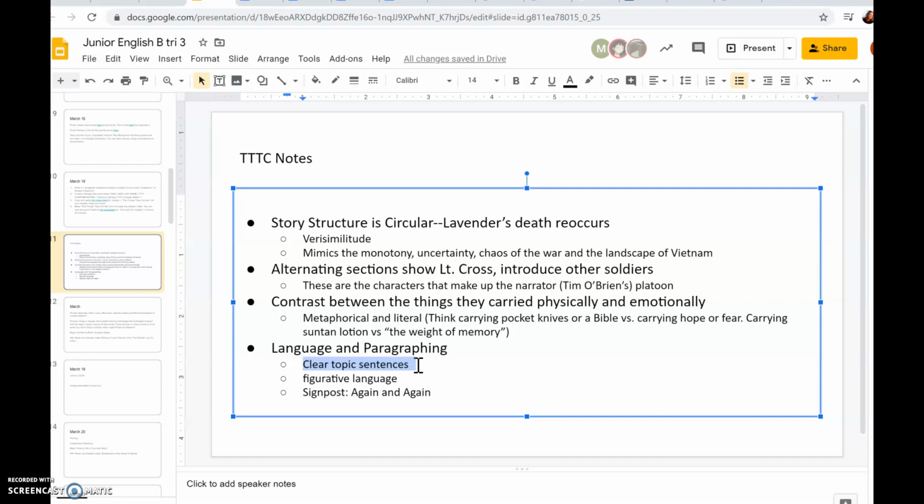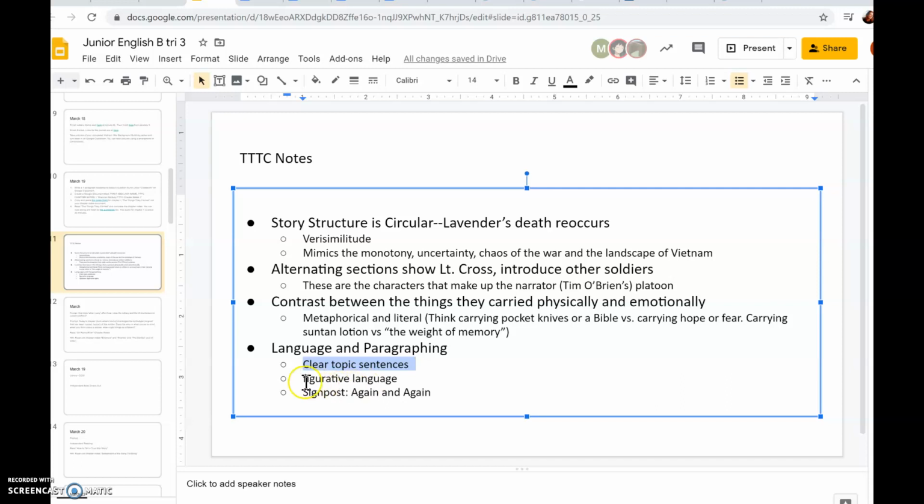And then he's going to go, the whole paragraph lists different necessities they carried. Or the next section, they were called legs or grunts. And then they talk about the different roles that they fulfilled. What they carried was partly a function of rank, partly a function of field specialty. And then that section talks about the different aspects of rank and things like that.